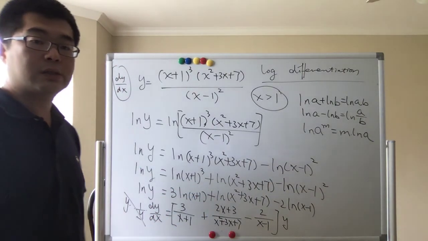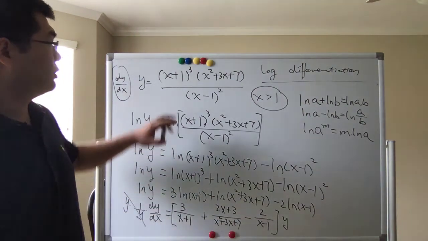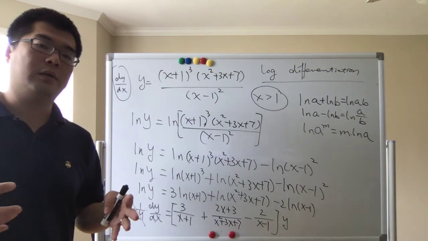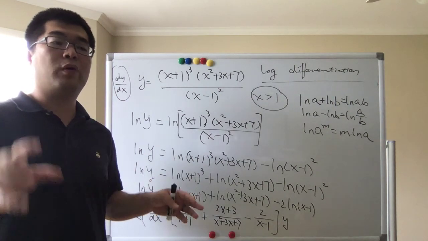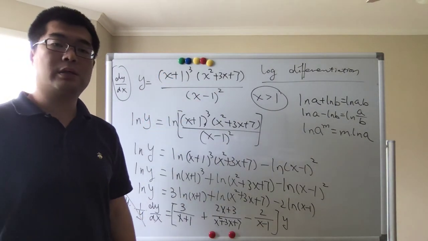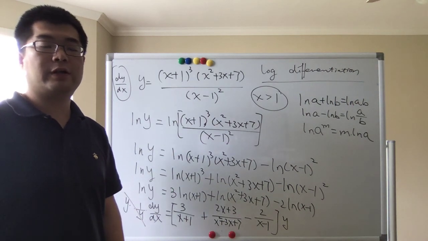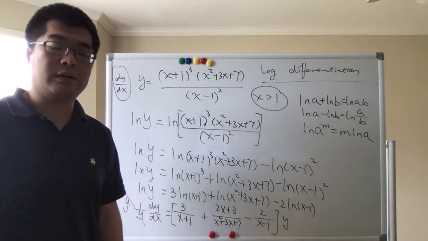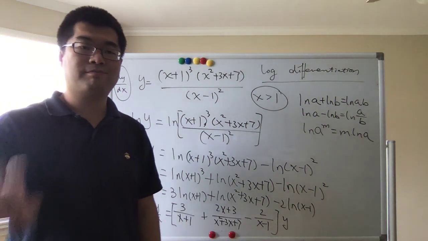I think this is a very effective way to handle problems of this type, especially when you have a rational function where the numerator or the denominator has more than one part, like this part times this. Under this type of question, logarithmic differentiation can be very productive. So this is the end of section 3.8, and I'll see you in the next section. Bye.